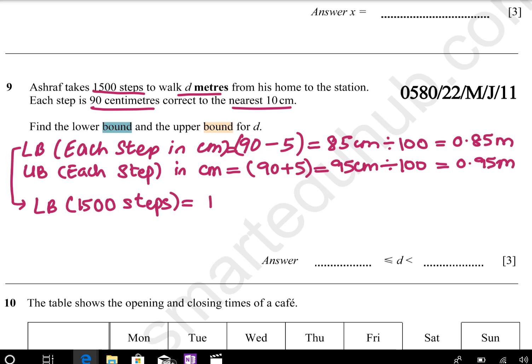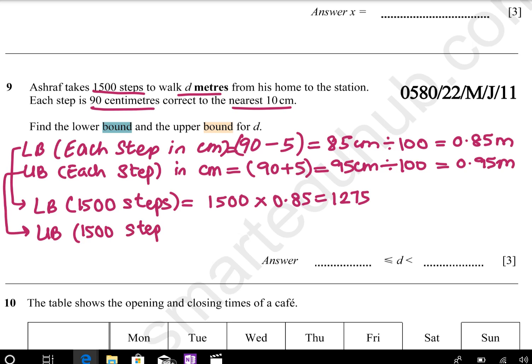how much? It will be 1500 into 0.85, and that is 1275. And the upper bound of 1500 steps is equal to 1500 into, how much is that now?